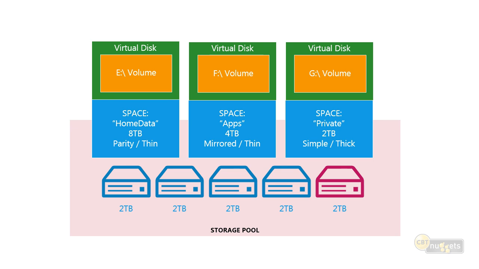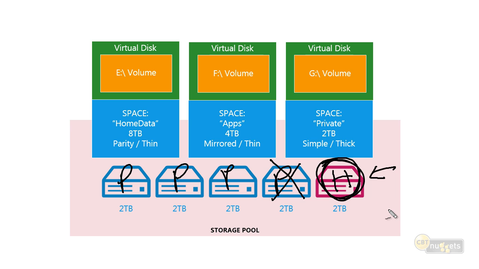Now you'll notice that I've got a little different color scheme going on here. Each of these blue ones is intended as a primary. This one I set up as a hot spare, meaning if one of the primaries fails, it can jump in and take over. Now this isn't quite mirroring or RAID at this level. The designation of a hot spare doesn't automatically cause data to be mirrored over to there.